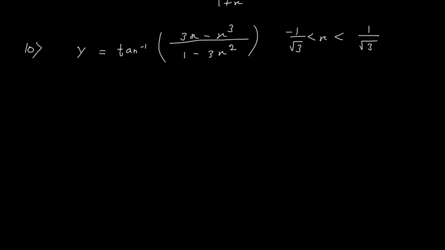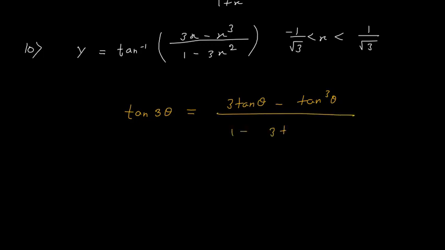Again, if you recall, you have a formula for tan 2 theta, tan 3 theta. The formula for tan 3 theta is 3 tan theta minus tan cube theta whole divided by 1 minus 3 tan square theta. So we can apply this formula tan 3 theta.